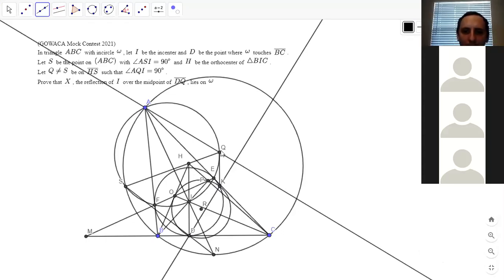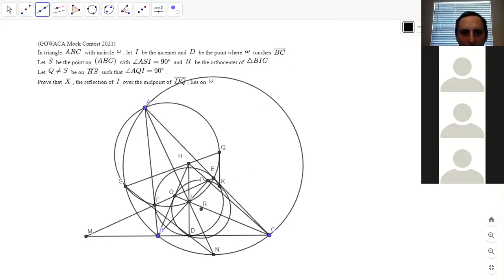Ah, that makes sense. IR is perpendicular to DK because they're both the centers.